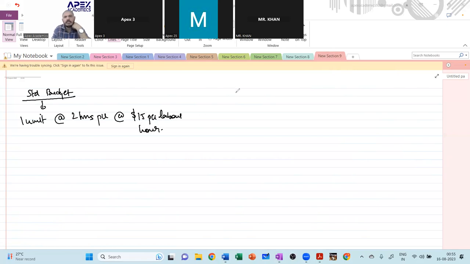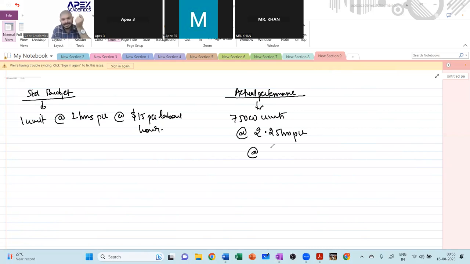Is this clear? Yes, sir. Your actual performance is of 75,000 units and it takes you 2.25 hours per unit and you remunerate this at the rate of $13.75 per hour.